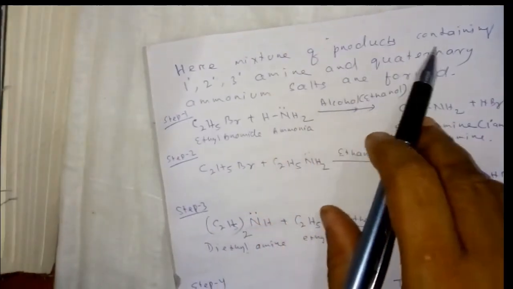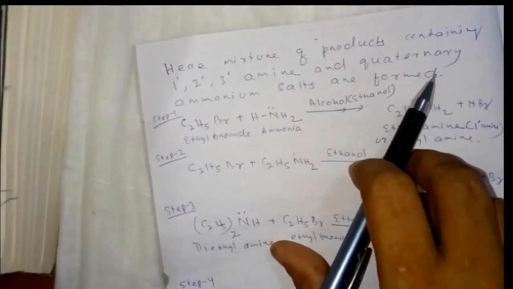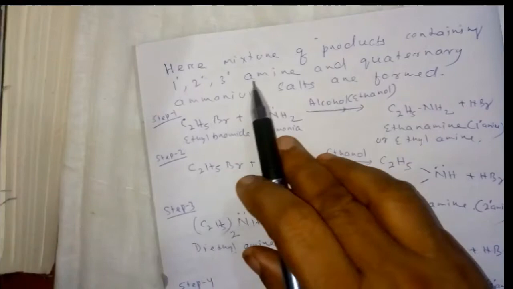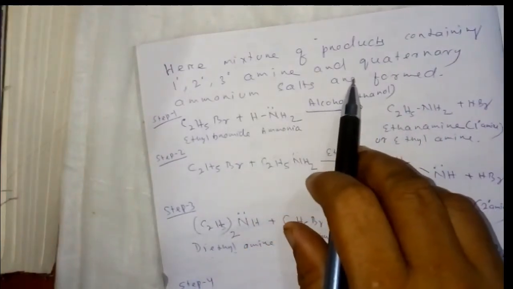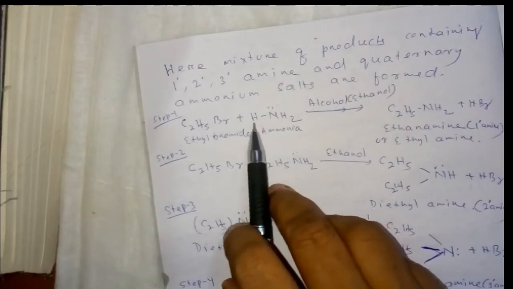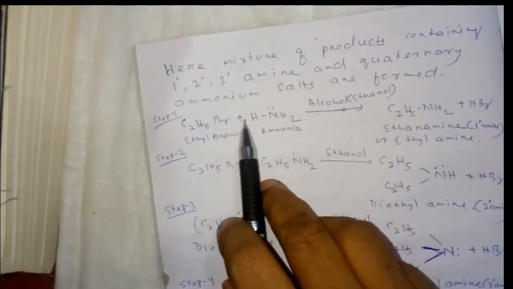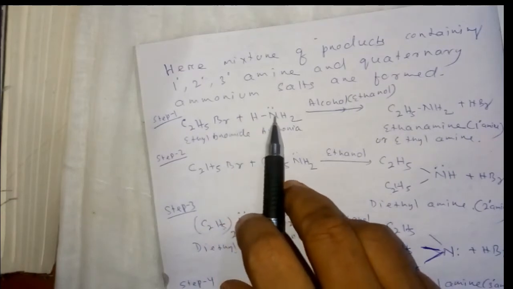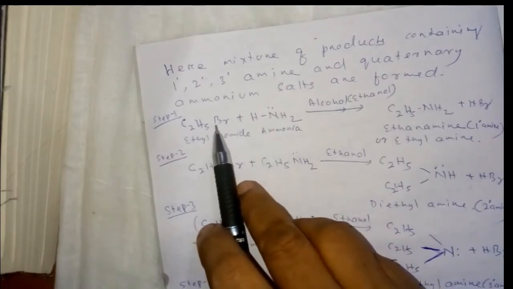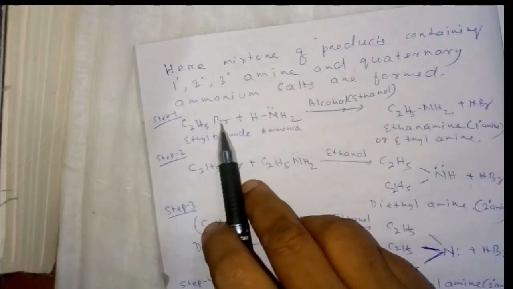Here a mixture of products containing 1 degree, 2 degree, 3 degree amine and quaternary ammonium salt are formed at a time. In the reaction container, 4 products are formed. So step 1: C2H5Br plus ammonia. HBr will be eliminated and NH2 will be substituted, the NH2 group in place of Br.